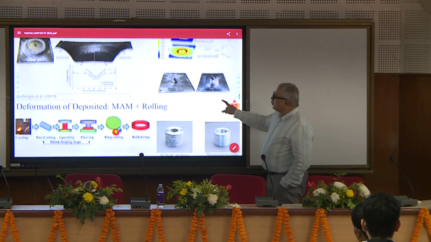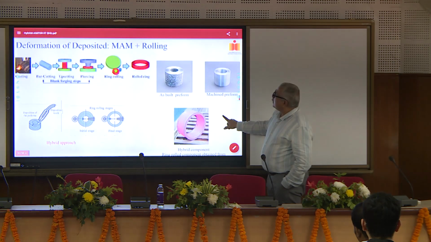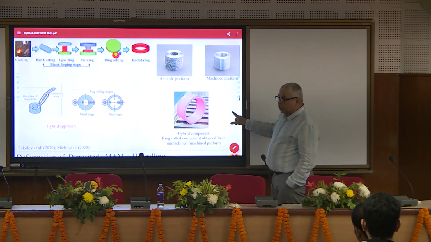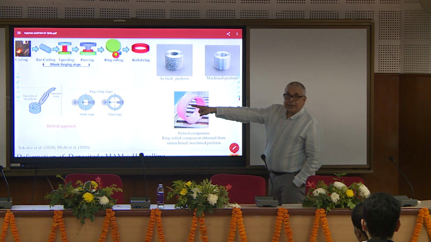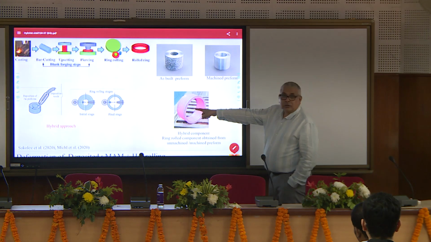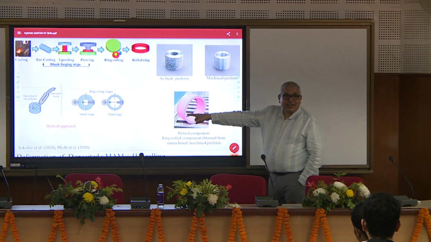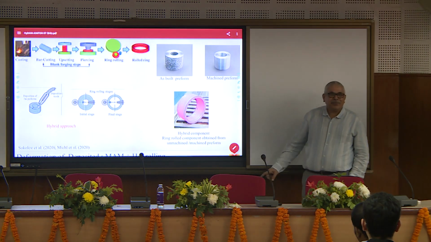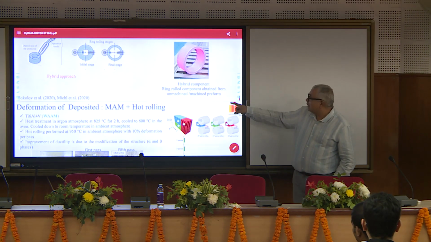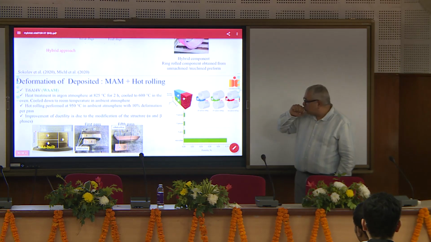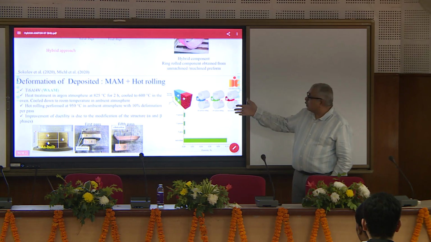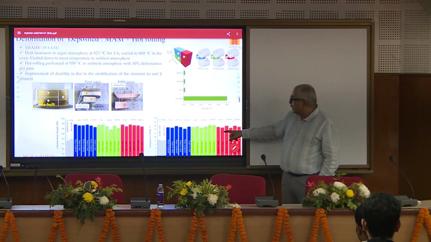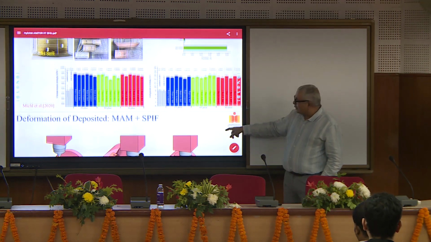Now, in some customized applications there is conventional ring rolling, but today people take a hybrid approach, directly depositing and taking it directly to ring rolling at higher temperature. They are producing the components actually in industry, and fewer components are necessary. To show all this, people have done a lot of work on titanium material, on how in situ rolling at micro level will help.